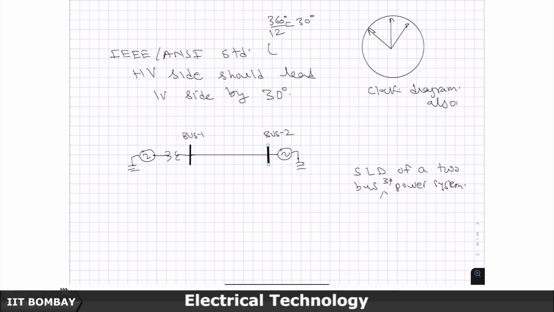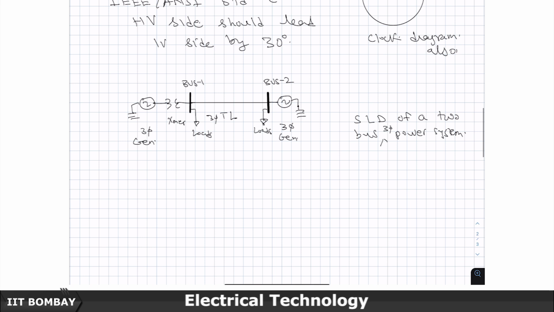This is a 3-phase transformer, this is a 3-phase transmission line, this is a 3-phase generator, this is also a 3-phase generator, and there could be any load, your residential application, a big industry, a big city, whatever, connected to it. And power can flow on this transmission line this way or like this.